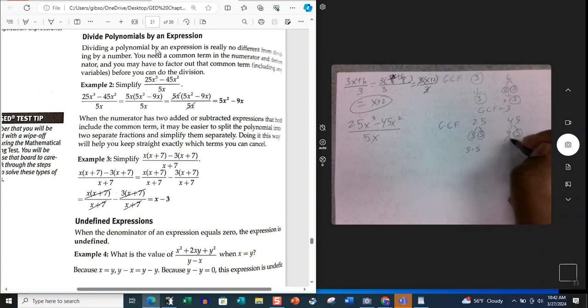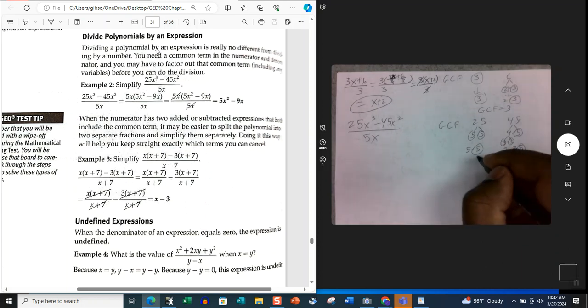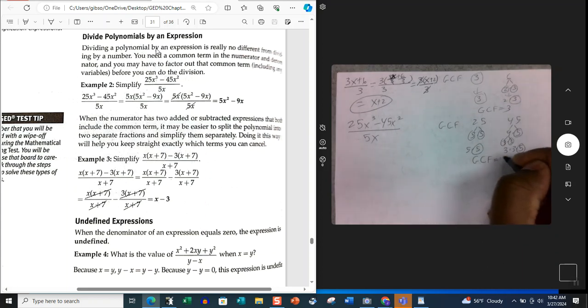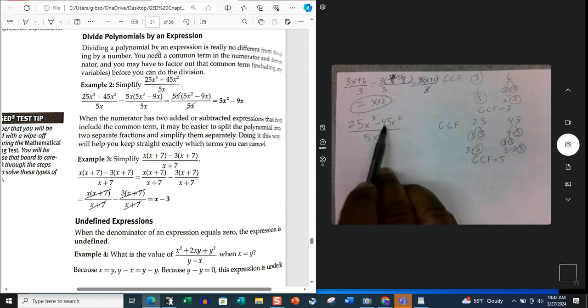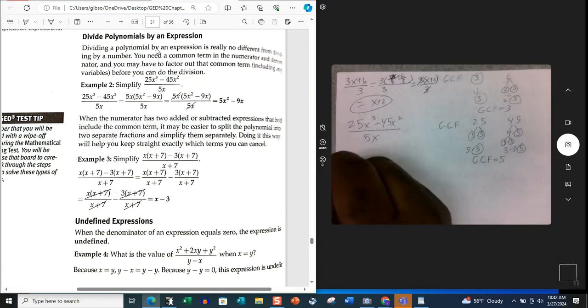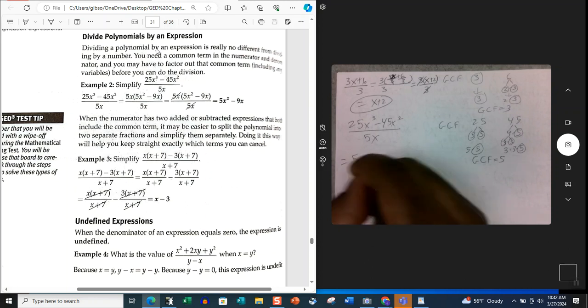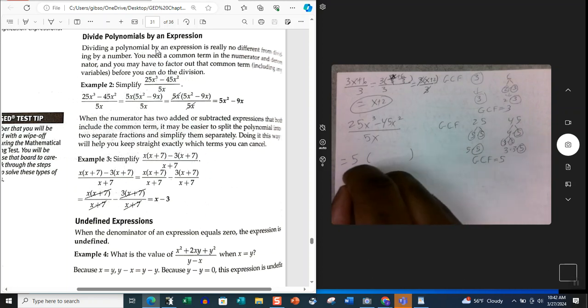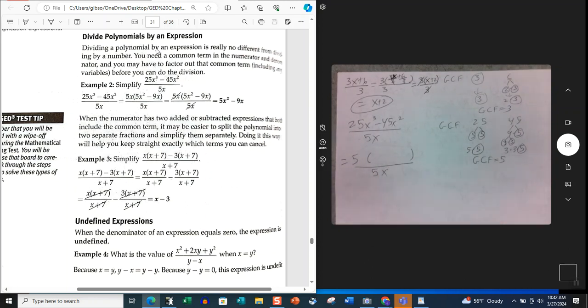The 5 is prime, and the 9 you break down to 3 times 3, so you have 3 times 3 times 5. The only thing they have in common, the greatest common factor, is 5. So their GCF is 5, and we're going to factor out a 5 here. We're going to have our parentheses and 5x at the bottom.